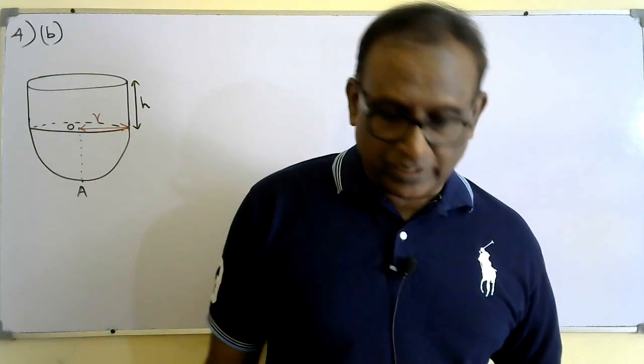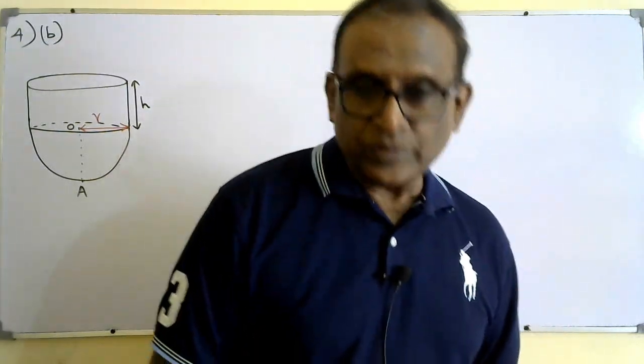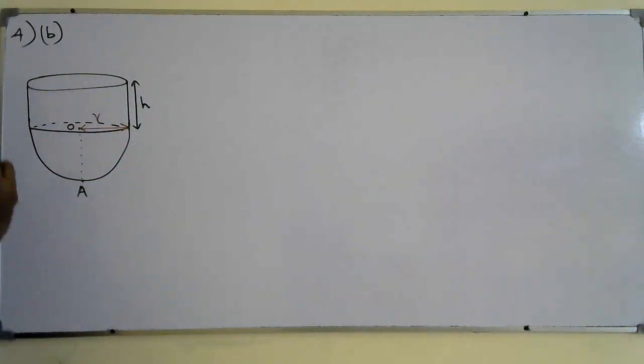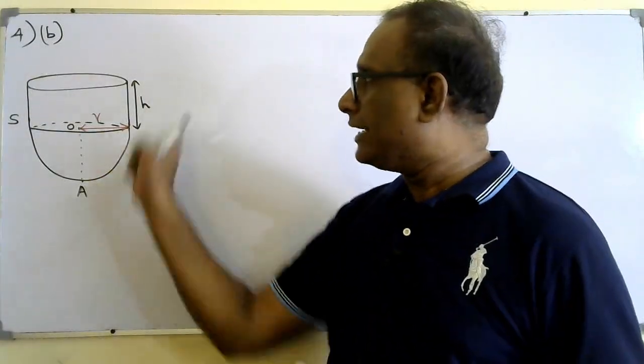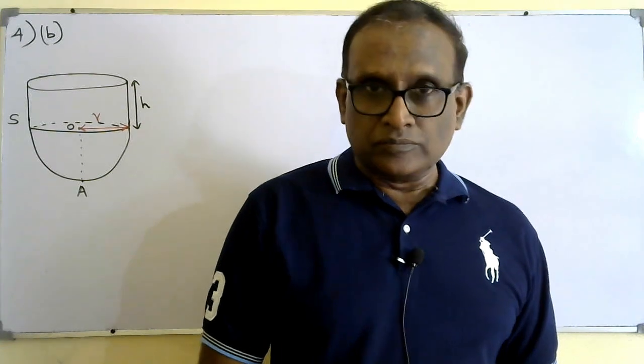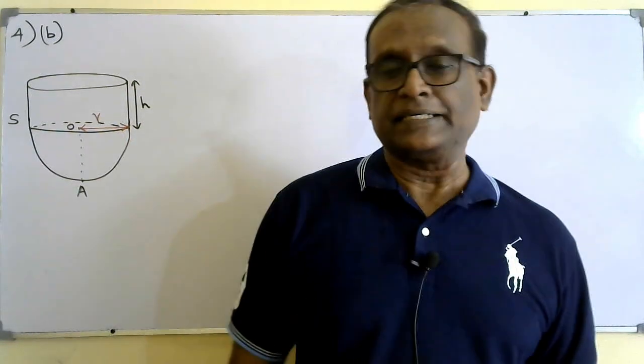Again, we are going to use sigma mi xi over sigma mi. So here we can say this solid object S is made of two different solid objects. What are they? Hemisphere and the solid cylinder.